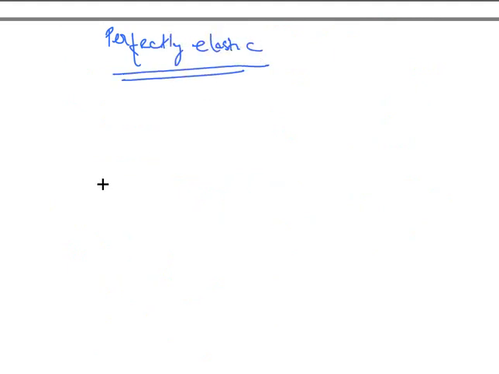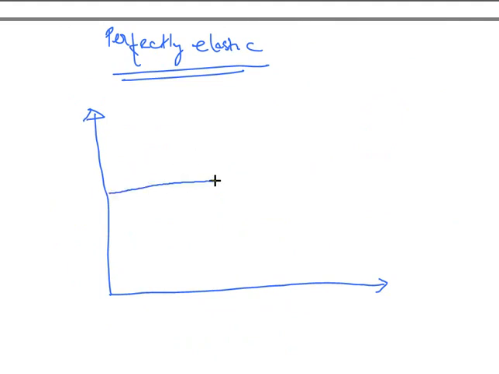Similarly, you have the concept of a perfectly elastic demand curve or supply curve. In reality, note that perfectly elastic or inelastic does not exist. Only in theory will we talk about it, but in real life there is no existence of perfectly elastic or inelastic. So this is your price and this is your quantity. You were selling some product at p naught.